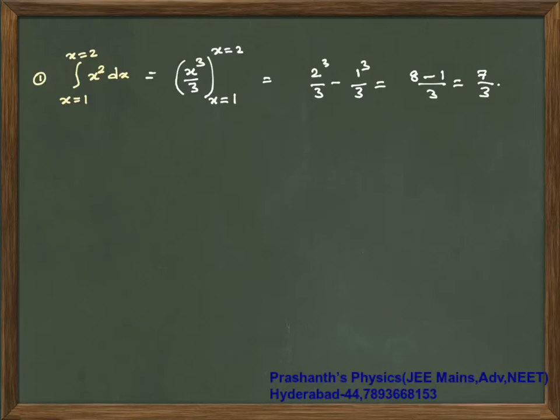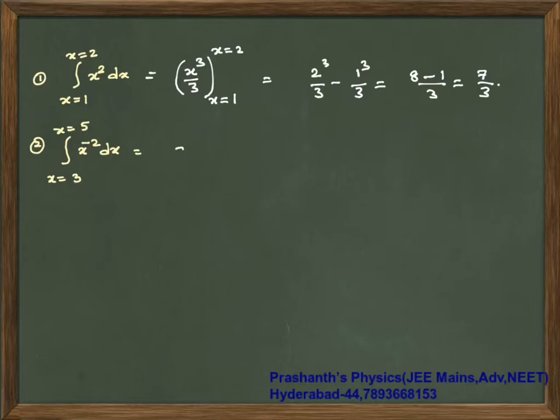Next, the integral of x power minus 2 dx from x equal to 3 to x equal to 5, let us say. The indefinite integral of x power n is x power n plus 1 by n plus 1.